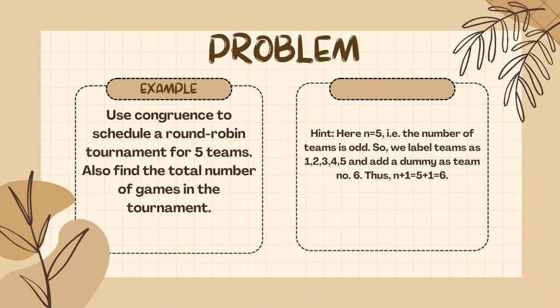So, we label the teams as 1, 2, 3, 4, 5, and add a dummy team as team number 6. This is because of the rules that I mentioned earlier. Thus, N is equal to n plus 1, which is 5 plus 1, equal to 6. So, the total number of teams is 6.